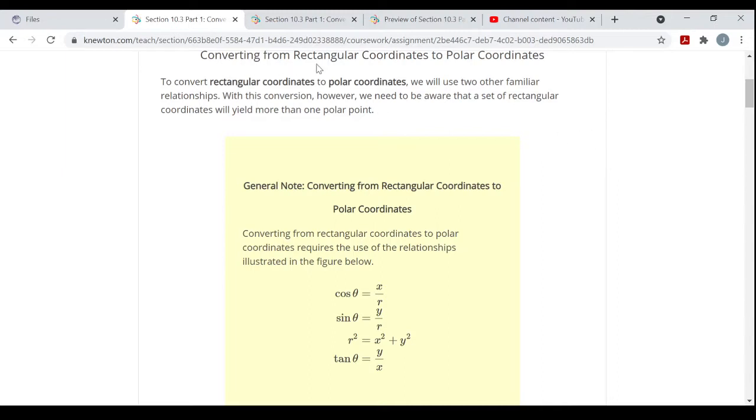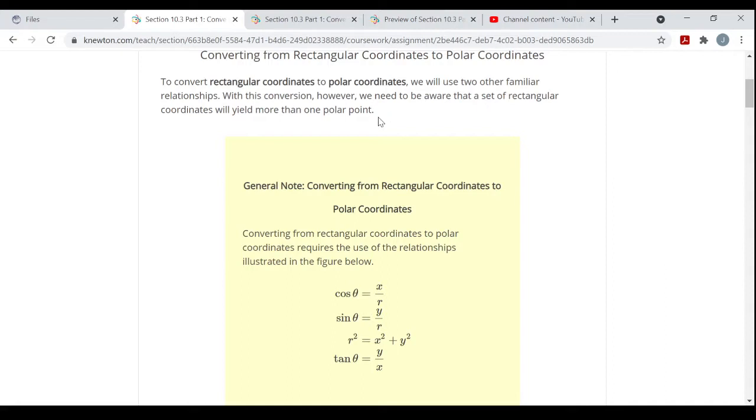So here we got converting from rectangular coordinates to polar coordinates, so from xy to r theta. To convert rectangular coordinates to polar coordinates, we will use two other familiar relationships. With this conversion, however, we need to be aware that a set of rectangular coordinates will yield more than one polar point.